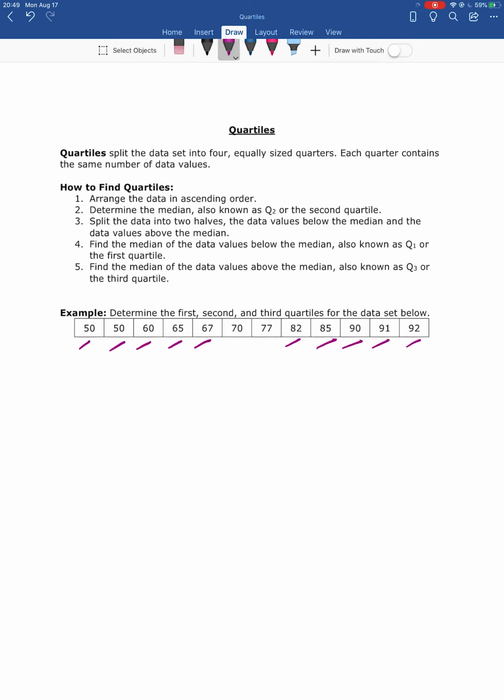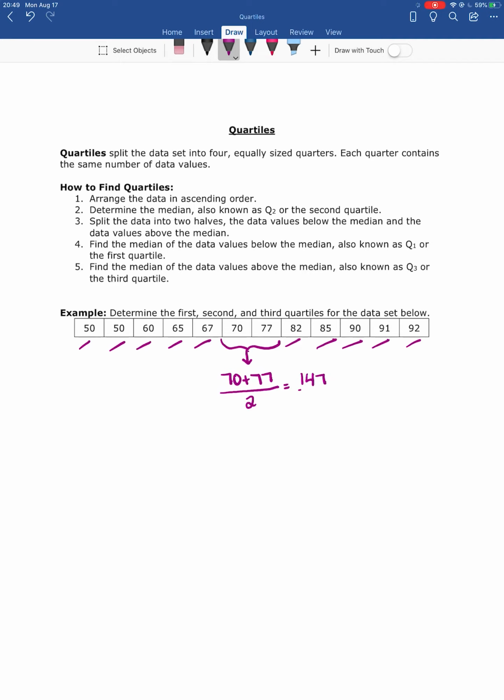Okay, and then let's see, 1, 2, 3, 4, 5, 6, 7. Okay, so I had 12 data values, so I should have 2 numbers in the middle, and I do. So 70 and 77. Recall, when we find the median and we have an even number, we end up with 2 in the middle, and then we have to find the average of those 2 values.